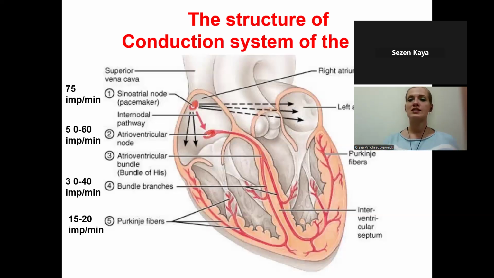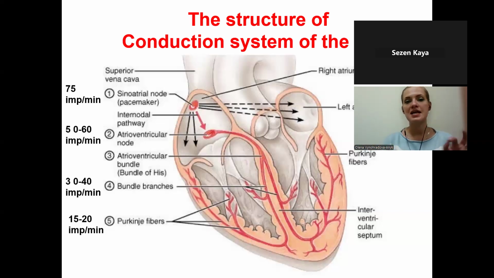Why? Because the heart can be under the influence of the nervous system and humoral factors, and the nervous system and humoral factors induce adaptation of our body for different conditions, or stress factors, or rest, or during digestion; all the time the heart rate changes.